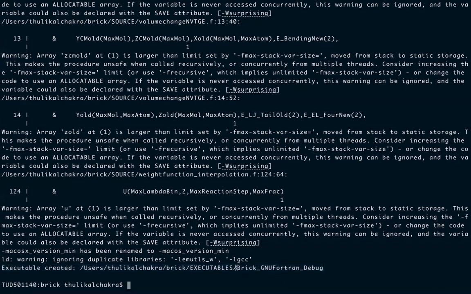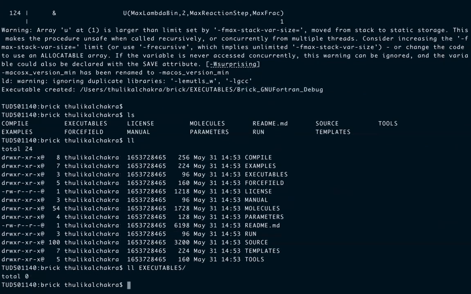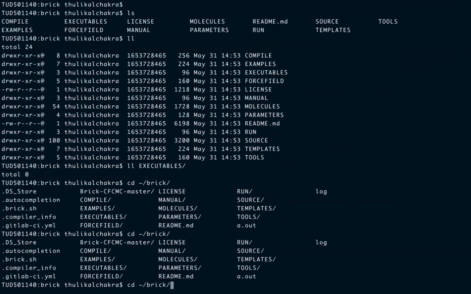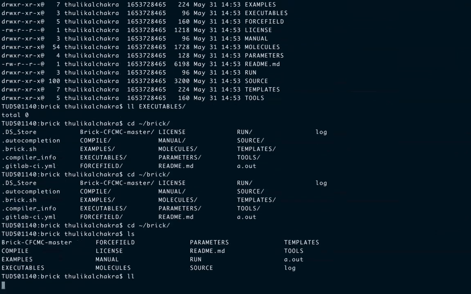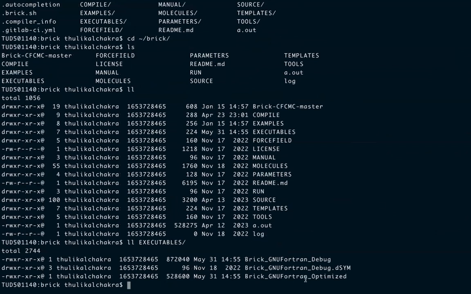Note that the Brick GNU Fortran debug is generated, but you also have other executable files in the executables. So this is not my home version of Brick. Let me go to my home version of Brick. And you see that you have the Brick GNU Fortran optimized.